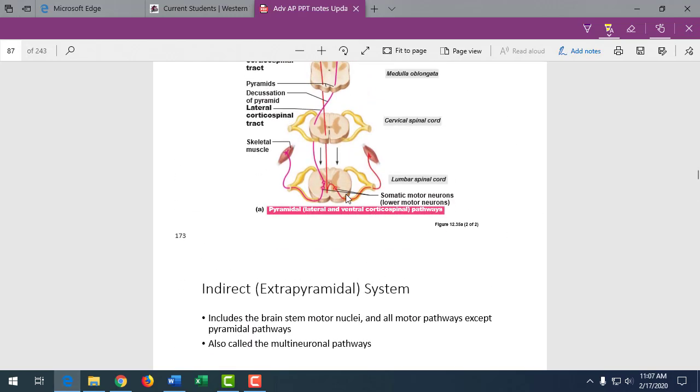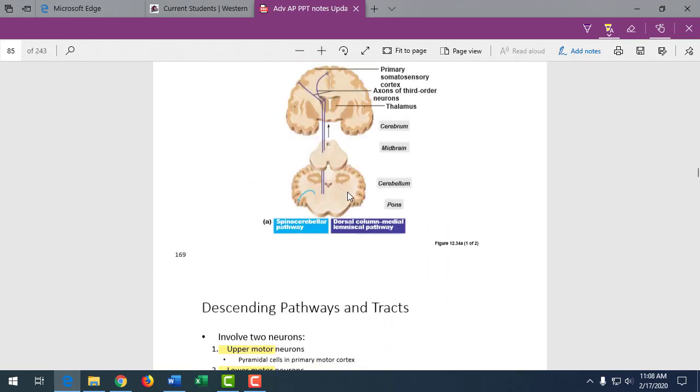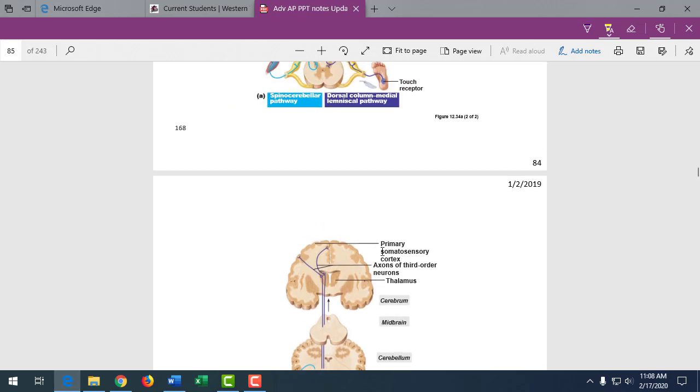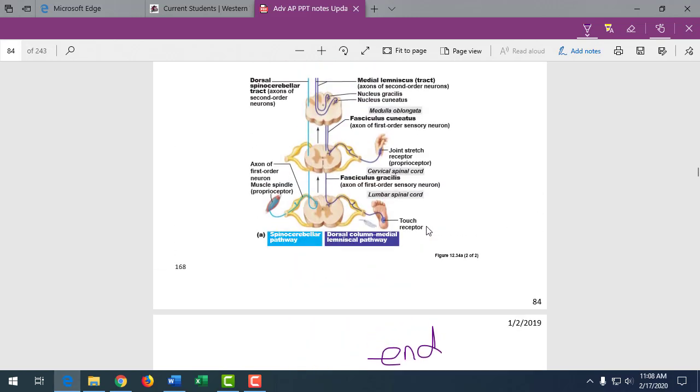The ascending pathways start with the sensory receptor and end in the somatosensory cortex. So if we go back here, that's where they end. That's the end of the line for this tract. And it started with a receptor, right?